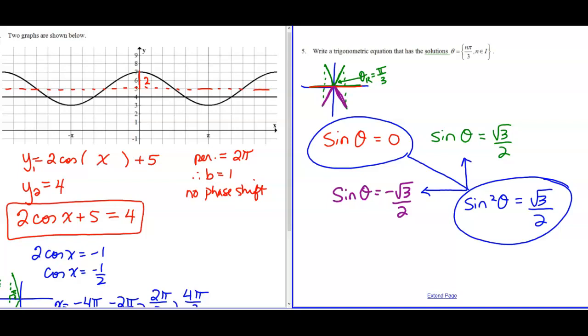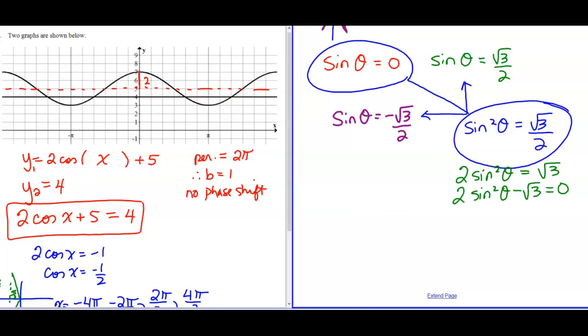So that's the same as 2 sine squared theta equals root 3. So 2 sine squared theta minus root 3 equals 0. Now, this will be one of our factors because it's equal to 0.